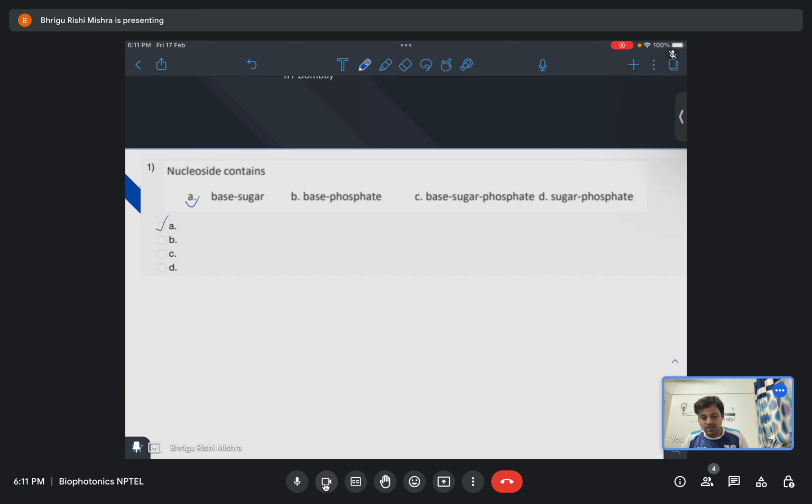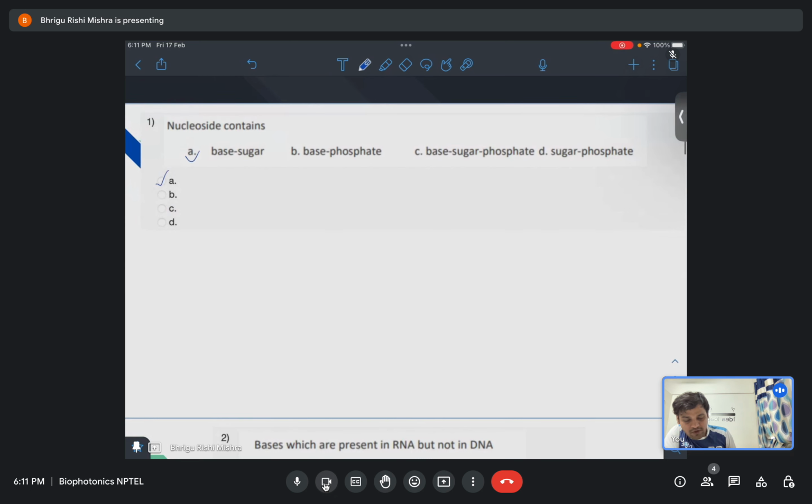The basic definition I found about nucleoside on Wikipedia is that a nucleoside can be thought of as a nucleotide without a phosphate group.